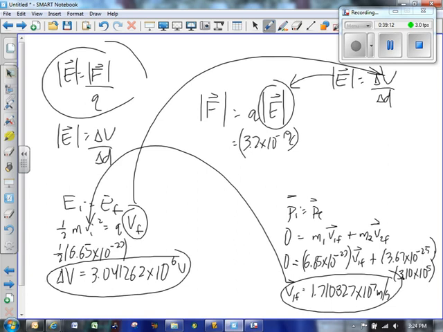Let's take that number and plug it in up here for the potential difference and solve for the electric field, which is 152063121.5. And then let's take the value of the electric field and plug it in for the force. When I solve for that, it works out to be 4.87 times 10 to the minus 11 newtons.